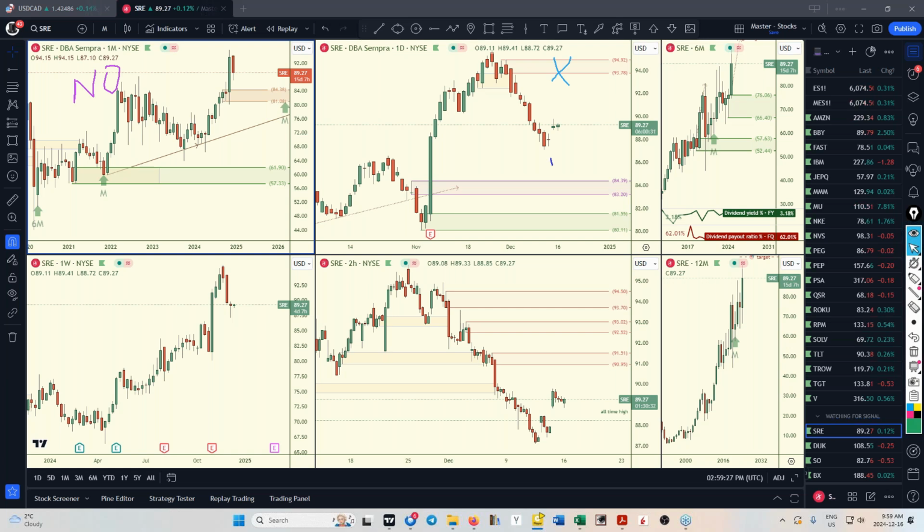Somebody writes in big letters, no. Another person writes, wait for a move down here to the switch zone over here, and then watch for a move up. Somebody else writes, wait for this daily supply zone to be taken out. Okay, and then drop down to the demand and then go long.